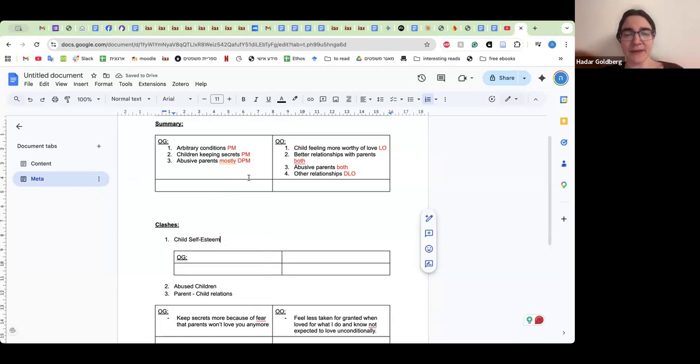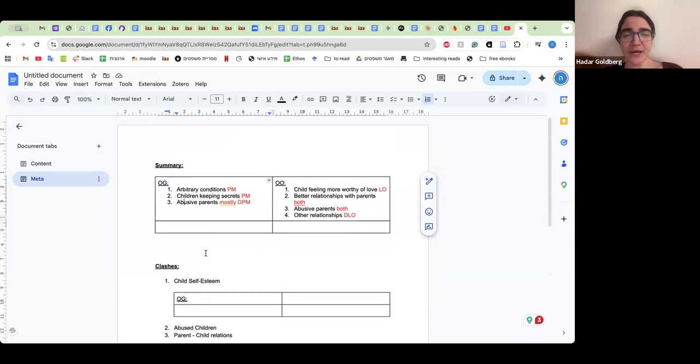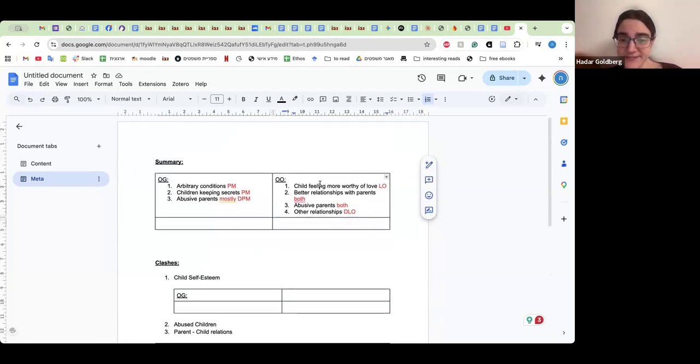But basically what I'm asking myself is how do other things clash here? I noticed that the first argument from OG, arbitrary conditions, doesn't actually clash anything because everyone agrees on it. So I don't need it really inside my clash structure. I already have the second and third argument from OG within these clashes, but now I notice that OO has this first argument, maybe the strongest argument, and I wonder what does it clash with from OG.